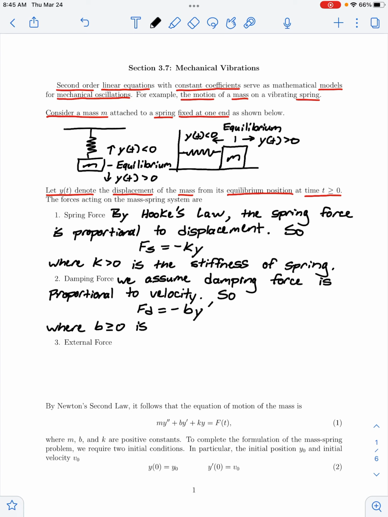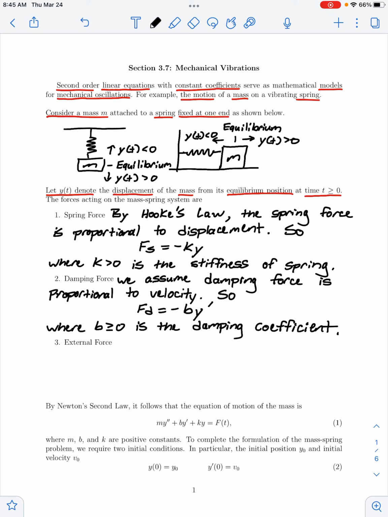And this constant b is called the damping coefficient for our system. It depends on, say, what sort of medium that our mass is suspended in.